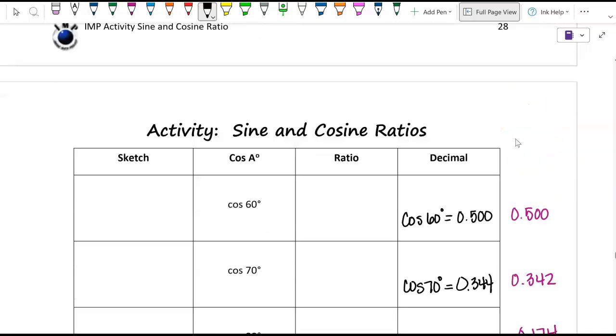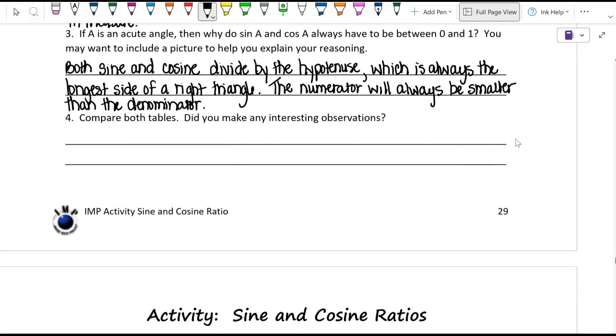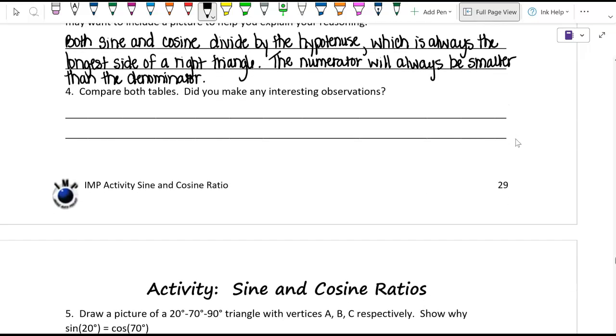Yeah, so if you look throughout the table, the sine of 10 degrees is equal to the cosine of 80 degrees, which equaled 0.174. The sine of 20 degrees equaled the cosine of 70 degrees, which equaled 0.342.